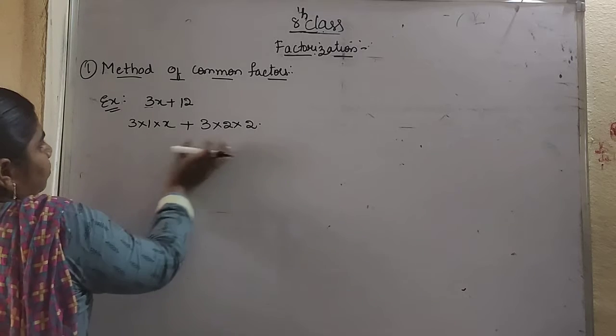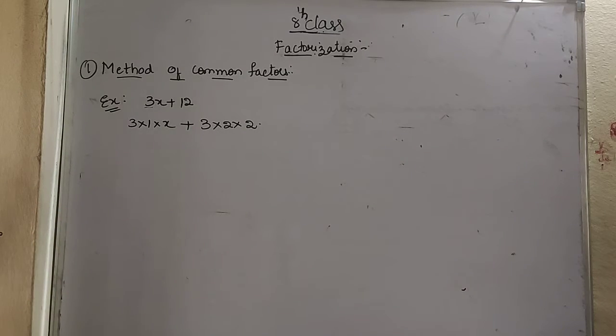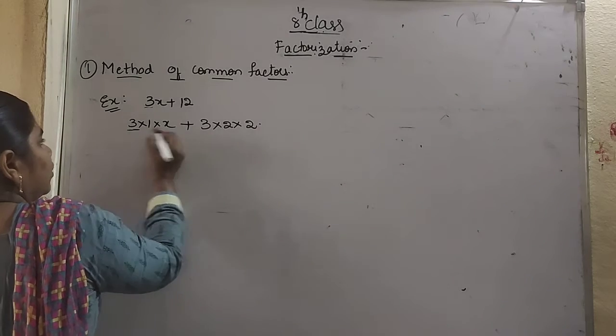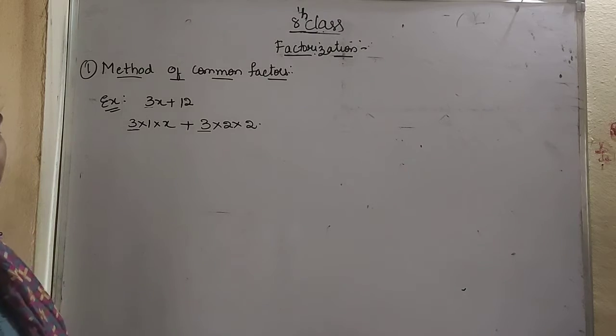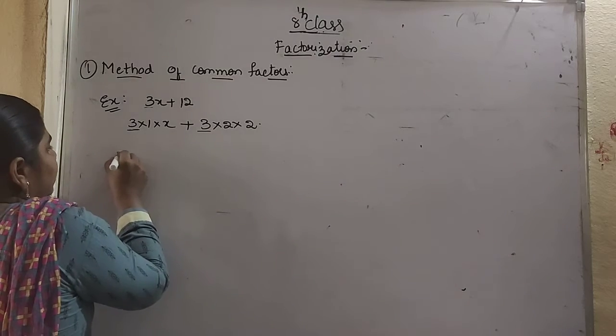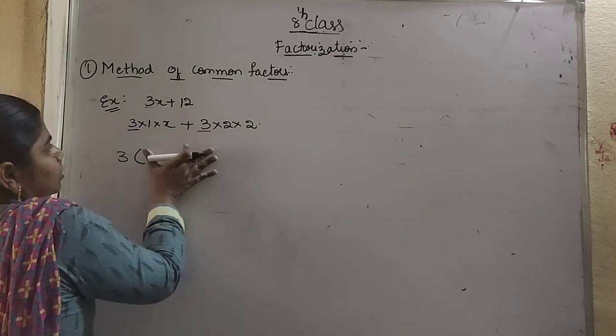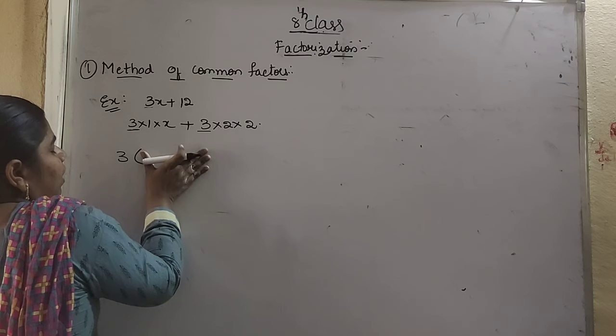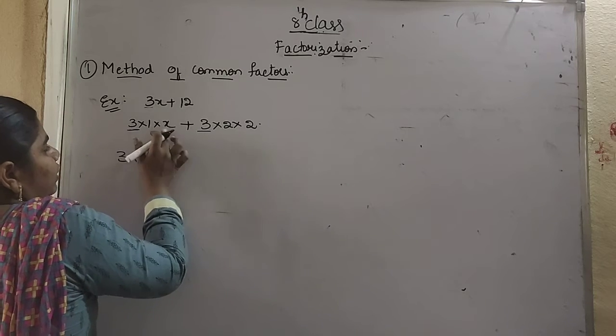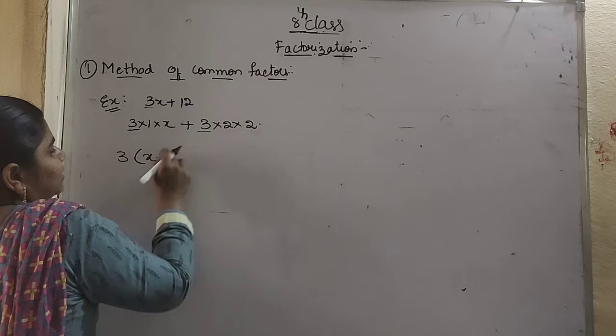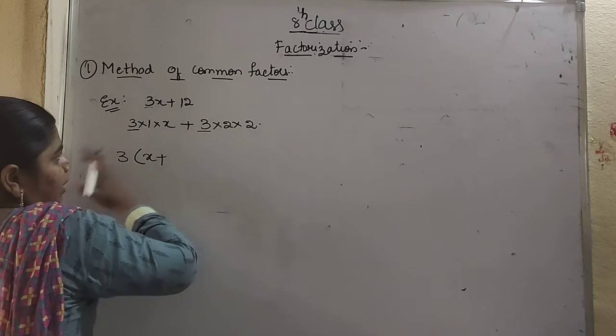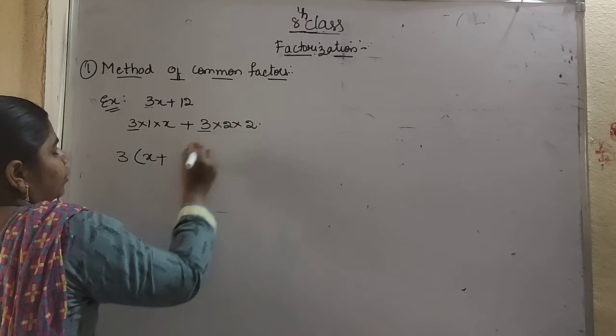In these two terms, what is the common value you are seeing? You are seeing the common value as 3. I am taking that 3 outside, and the remaining values we have to adjust in the brackets. That is 1 into x will be x plus, since 3 has been taken out, the remaining value 2 into 2 will be 4.